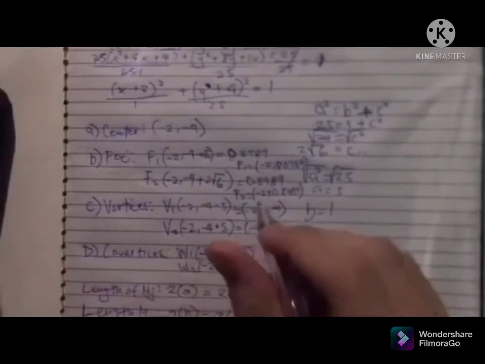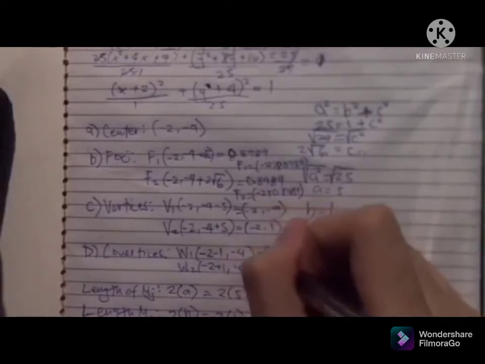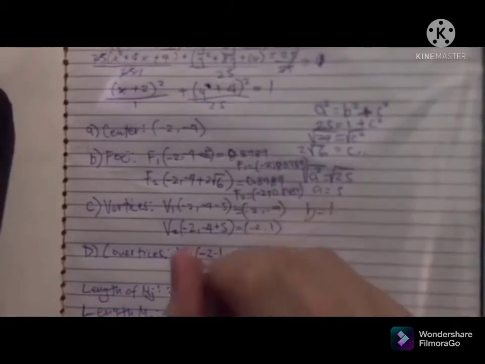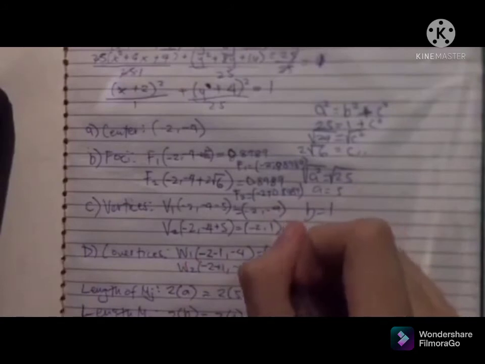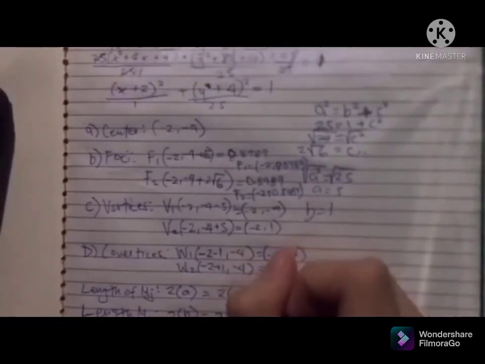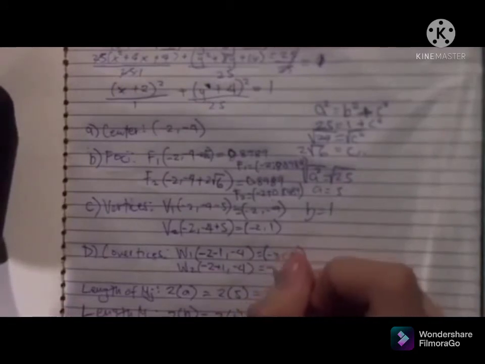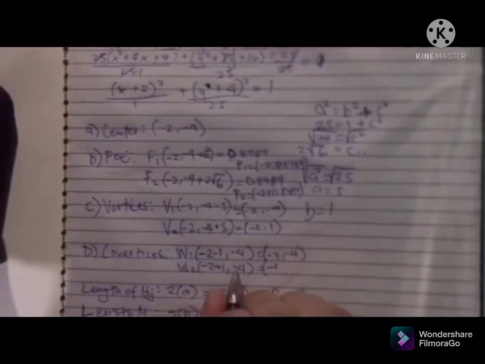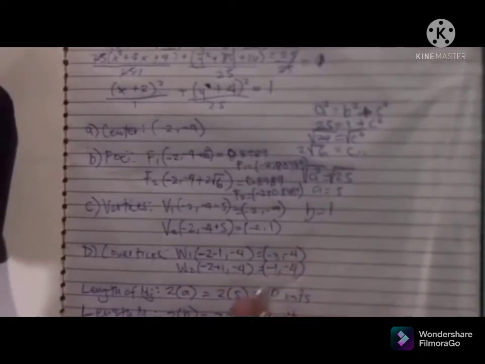Now for the co-vertices, for W1 we have -2 minus 1, which is -3, and for the y, still -4. For W2, we have -2 plus 1, so -1, and for the y, -4. That's it.